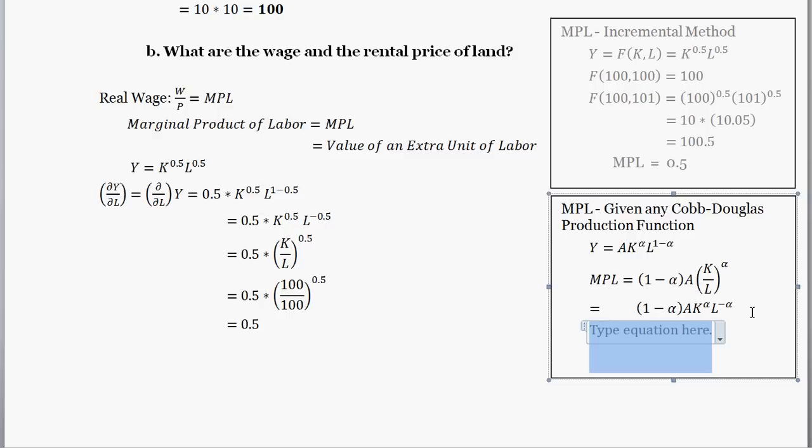And then also one thing that you might notice is that 1 minus alpha A k to the alpha, oops. All right. So playing with the exponents a little bit, the marginal product of labor is also equal to this little thing right here. So L to the 1 minus alpha divided by L is just equal to L to the negative alpha, right?